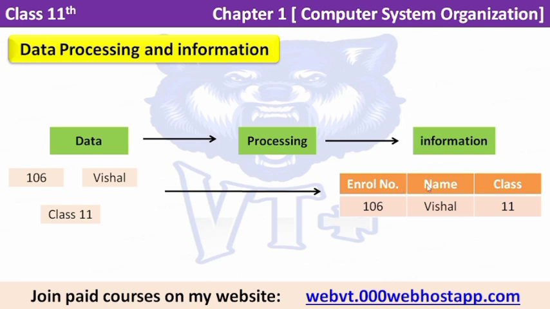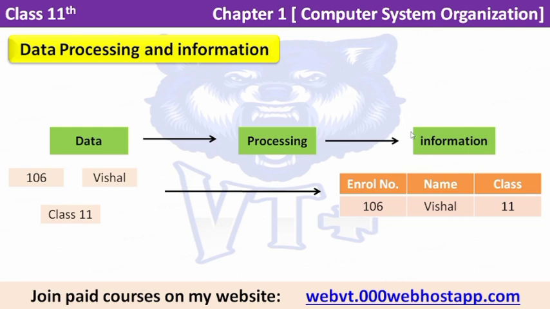So in this information we get that Vishal is a student of class 11 with the enrollment number 106. Now you can understand the data, processing and information. In other words, this process can be called the information processing cycle.